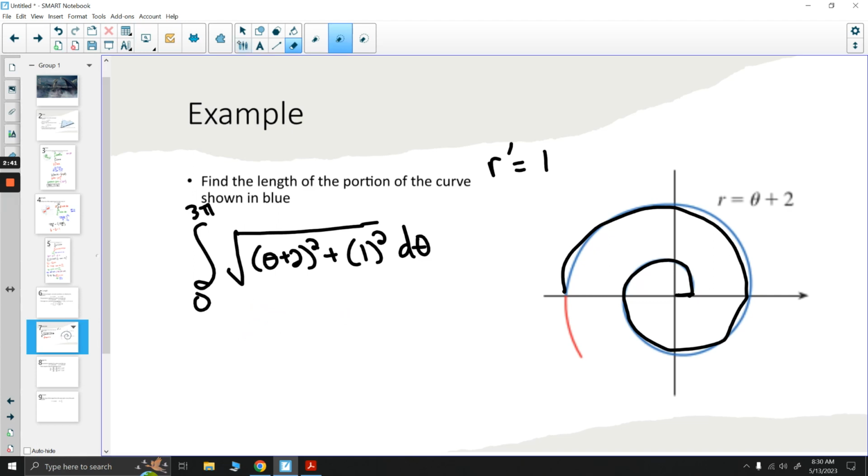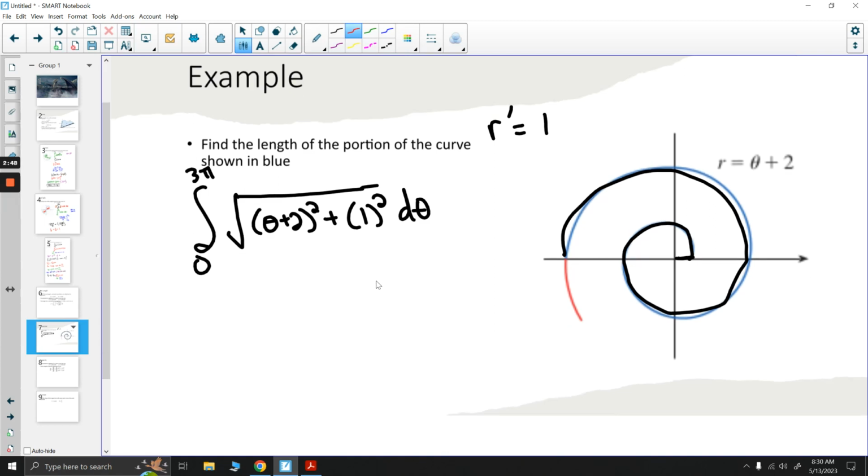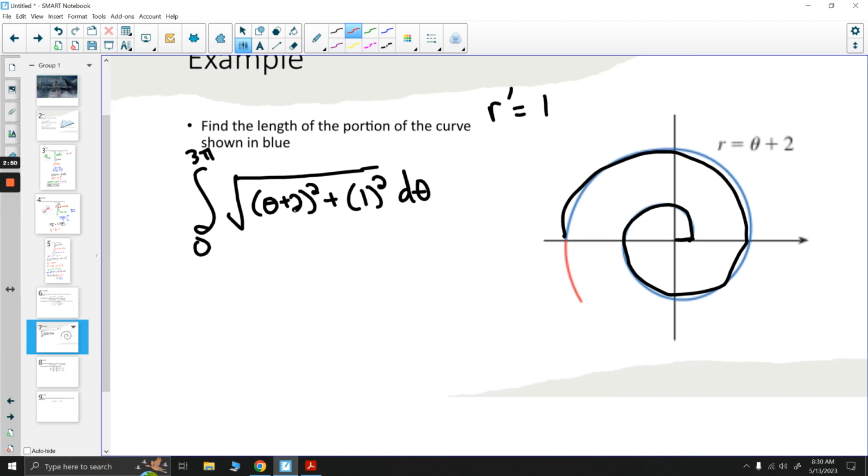So instead, in order to deal with these square roots, we need to think about our inverse trig substitution here. This is something squared plus some constant squared, in this case a 1. And so the plus is going to be our tangent. As a reminder, we had x equals a tangent theta when we had something like a squared plus x squared.